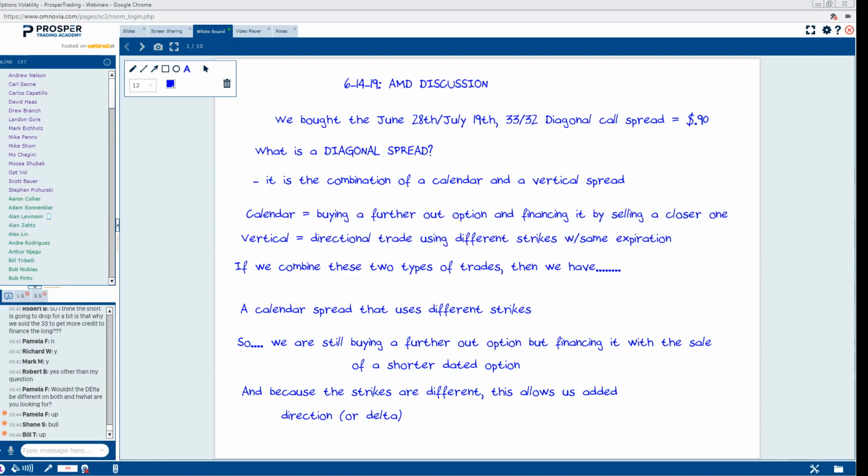Another way to think about that: let's say this were just a vertical spread and not a calendar. Don't worry about the different expiration dates right now. Look at the strikes only, buying the 32 and selling the 33. What would we want to happen? Yes, it's a bull spread. We would want the stock to go up.